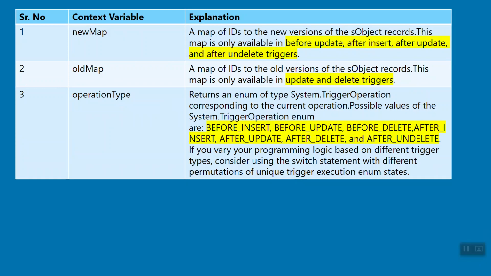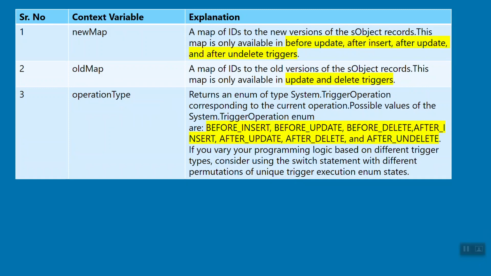And operationType returns an enumeration, and it is a return type of System.TriggerOperation. We will learn more about this whenever we are working on this operation type and calling the Apex class from a trigger to perform various operations. At this point, this is a return type of trigger operations, where it just contains the names of all the operations: before insert, after insert, before update, after update, before delete, after delete, after undelete.